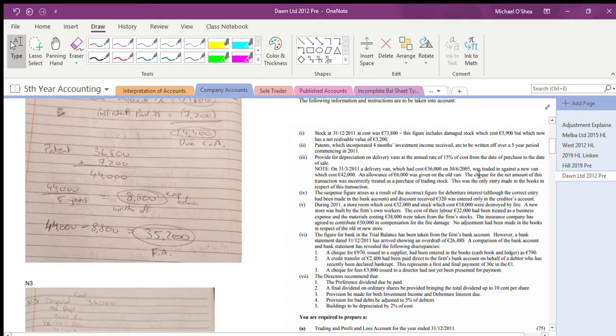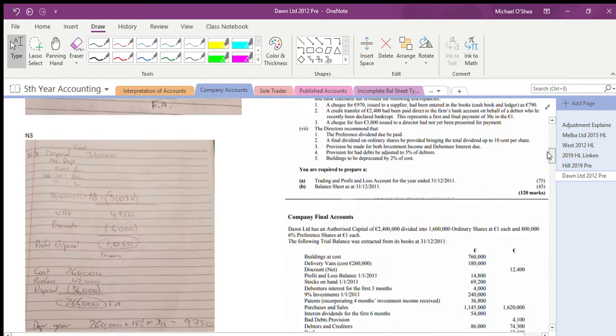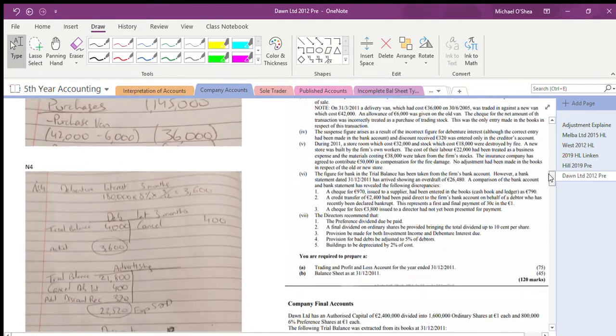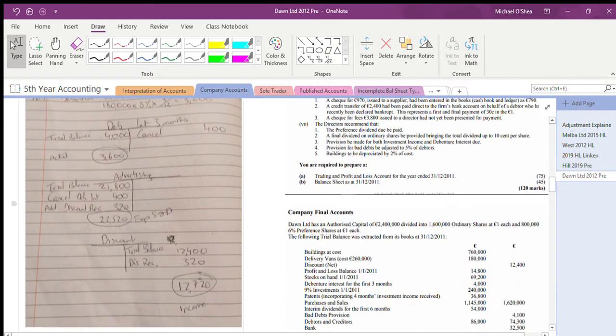This is discount received, which again is a form of income. Another credit side, so you're going to add the 320. So we can see it down here for our discount account. I'm adding the 320 because it's an addition to the balance for discount received that we already have, because they're both income figures.